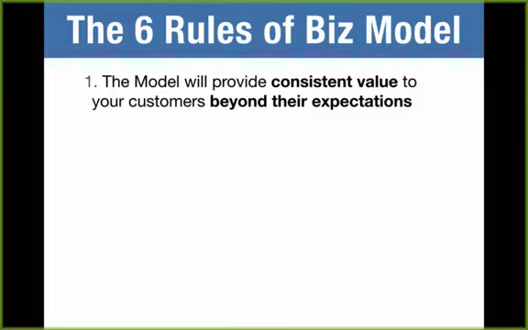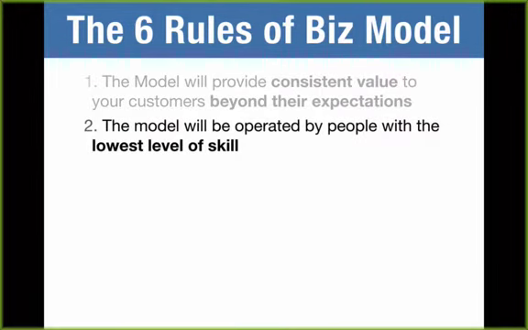The model will be operated by people at the lowest level of skill. Now, there's a whole discussion in the book in several different places about a common problem that happens with small businesses. And that is they get this amazingly great employee or person who's working in the business, and that person is a superstar.